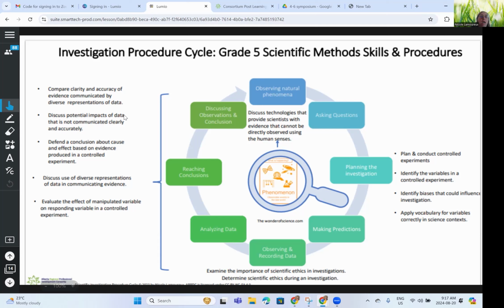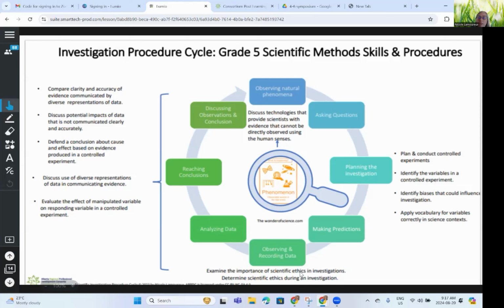So no worries. For the representation of data, discuss potential impacts of the data if it's not. So that might be happening, and during the analysis and the conclusion phase. They should, of course, defending a conclusion is reaching conclusions or discussing that. And evaluate the effect of the manipulated variable is going to happen during the analysis and, of course, close to reaching a conclusion.